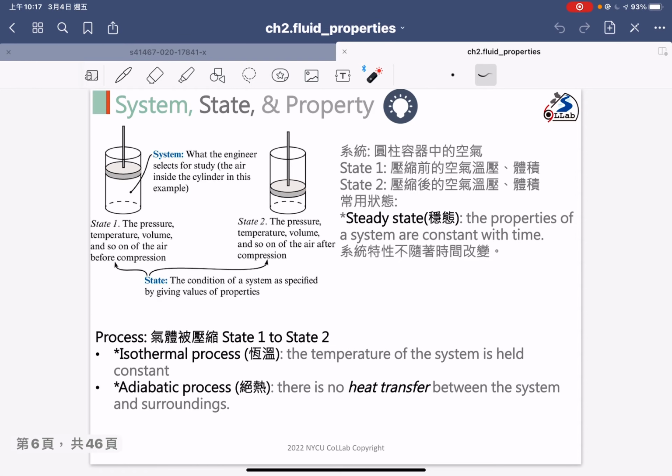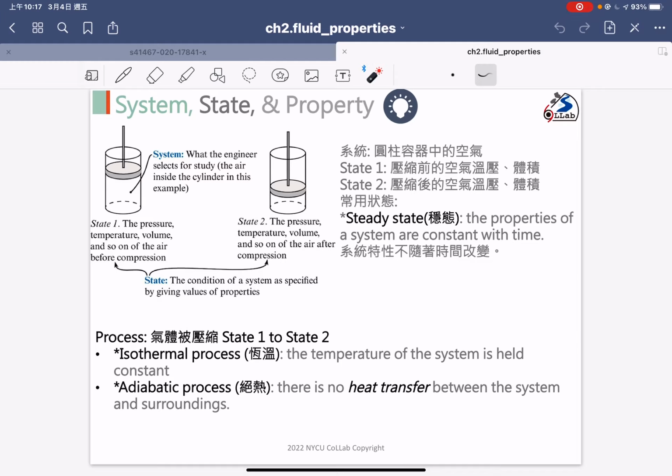Okay, so what is the state? As you can see, on the right-hand side here, this is state 1. We can call state 1 before the compression, and state 2 is after you do the compression.